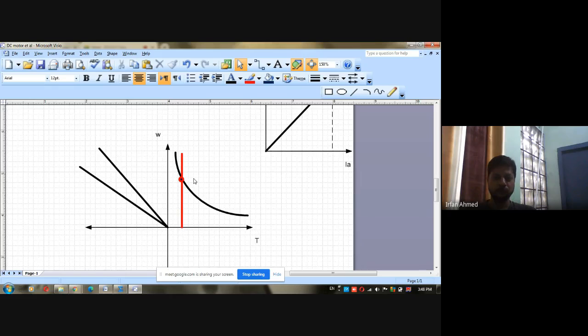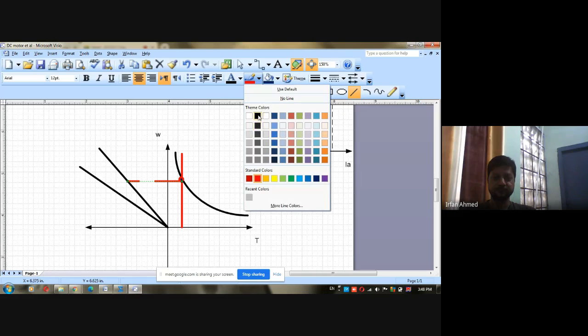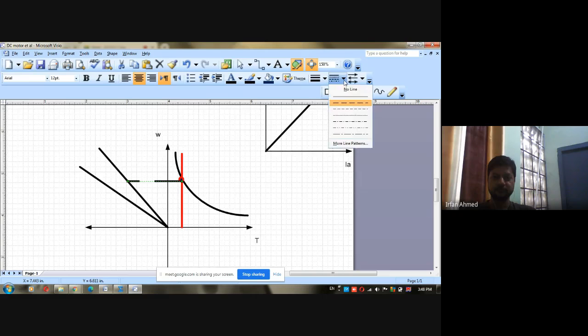Now to brake the motor, what we are doing, we are disconnecting the armature from the supply. We are maintaining supply across the field, but we are disconnecting the armature from the supply and connecting it across an external resistance. So instantly what happens? The speed cannot change, but the torque reverses.